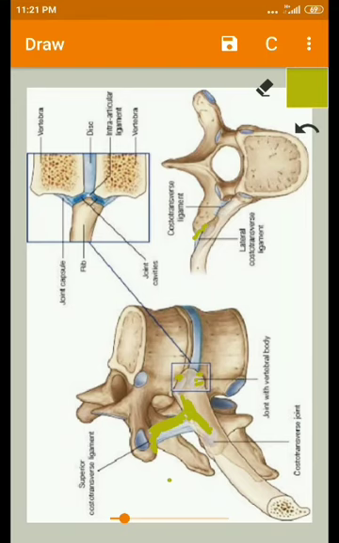Here you can see the posterior aspect of the neck of the rib; this is the posterior layer, which connects the neck of the rib to the transverse process above. So this is about the superior costotransverse ligament. It has two layers: one is the anterior layer, another is the posterior layer.